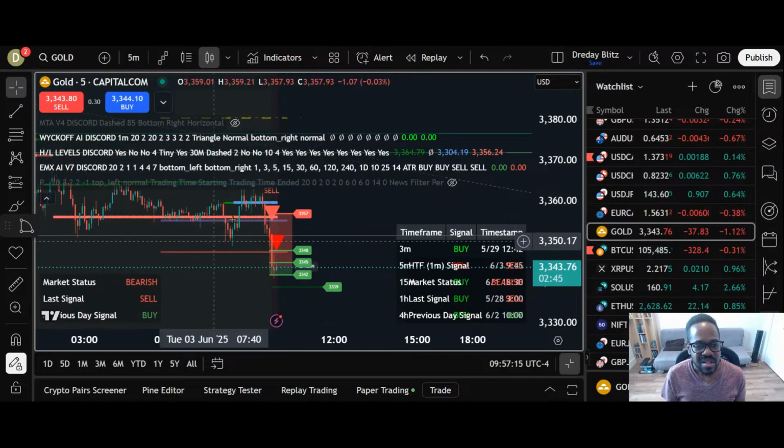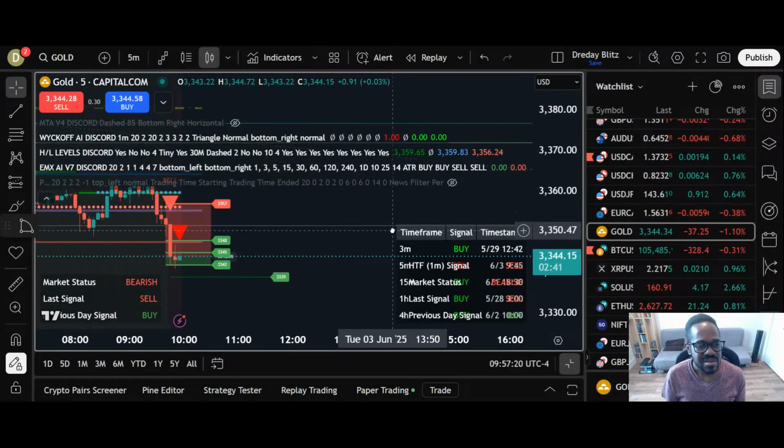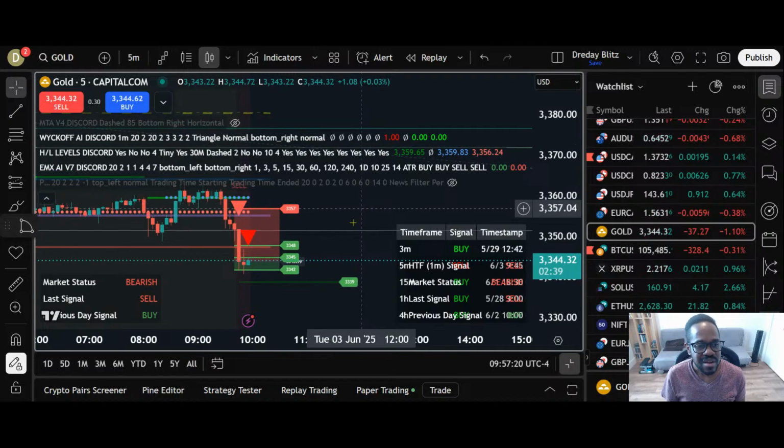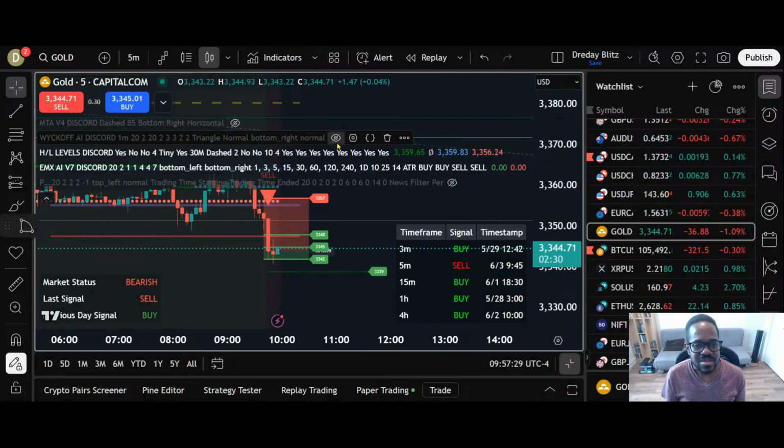So we had a sell on the 5 and Wyckoff here. Just gonna see which Wyckoff is. Wyckoff is doing that sell here on the 5. But yes, you had the EMX sell that hit TP3.